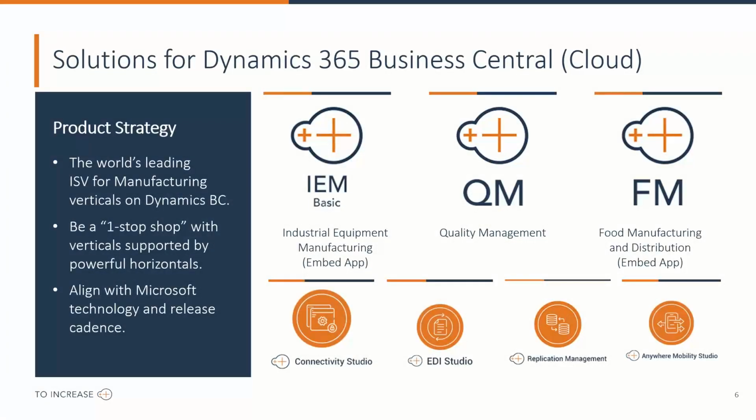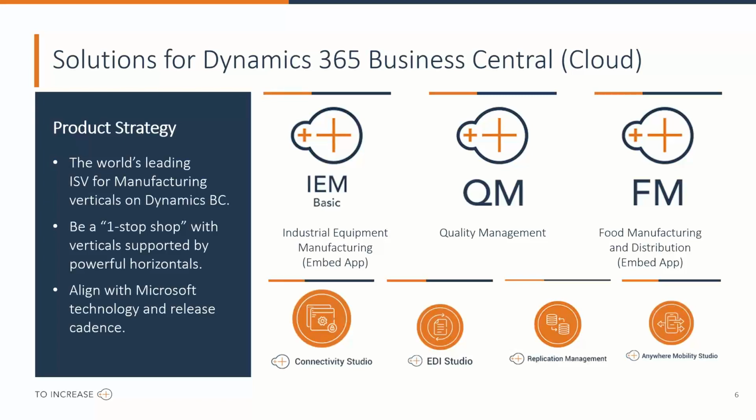So in the meantime, our portfolio has migrated to this picture, where the horizontal part in the bottom here is already through universal code, cloud-based extensions, and so is quality management. Food and IEM, industrial equipment manufacturing, are so-called embedded apps.